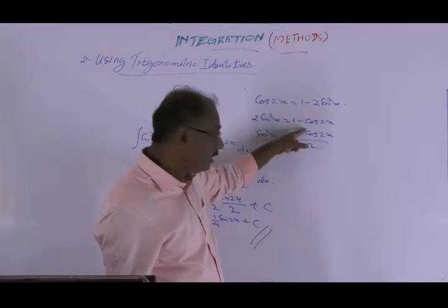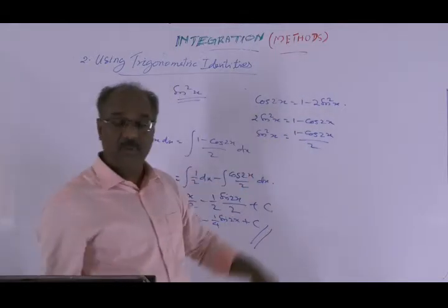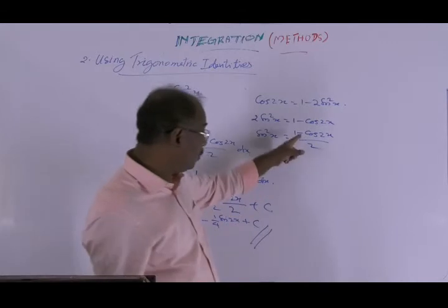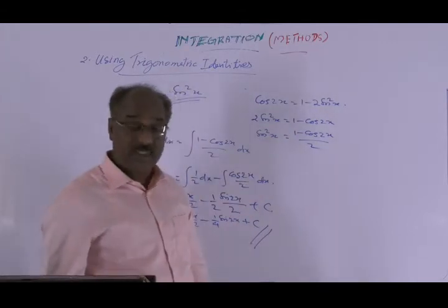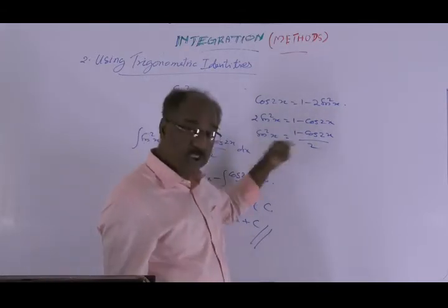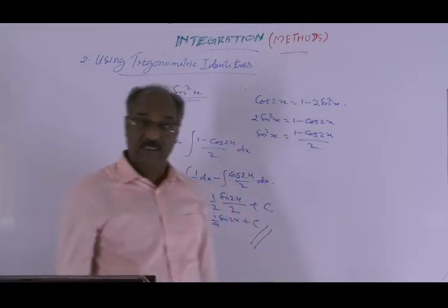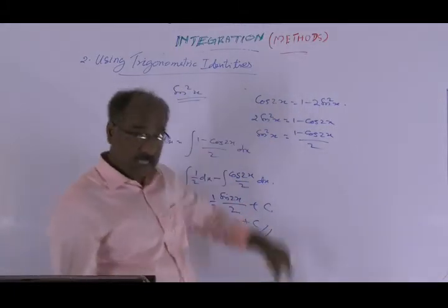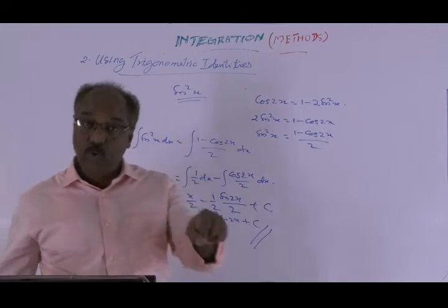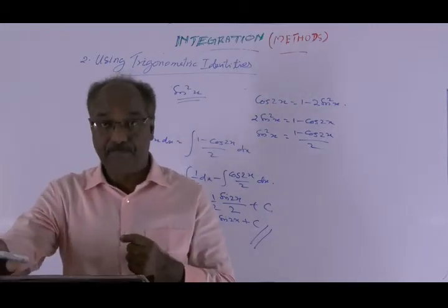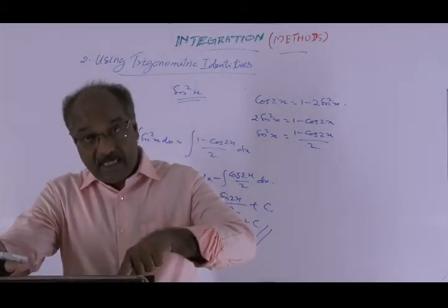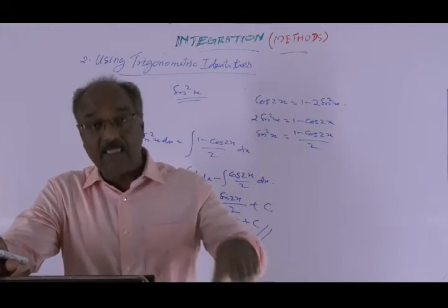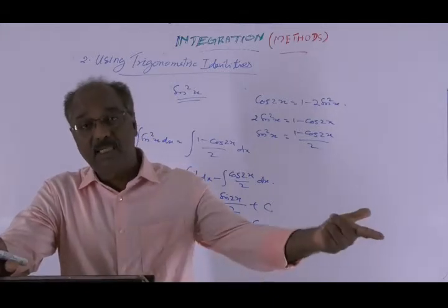And these are all integrable. We know how to integrate, or we know the integral of the separate expressions, 1 by 2 and cos 2x by 2. That is why we have chosen this. Similarly, suitably choose the identity. When we apply this identity and reduce the given function into the standard form, we can immediately integrate.